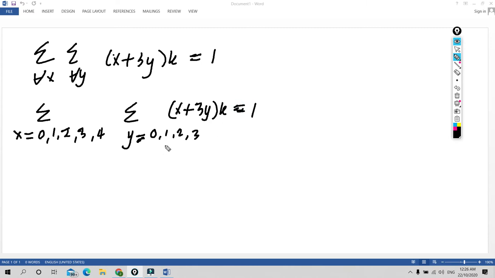So I solve the inner part first. This is the inner part, so I solve for y first.